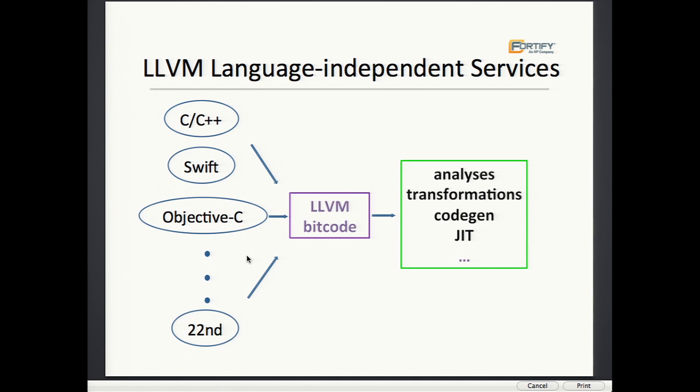Here, I want to point out two important differences between a compiler infrastructure like LLVM and a security analyzer. The first one is that the goal is different. The goal of a compiler infrastructure is to generate correct, smaller, and fast object code.